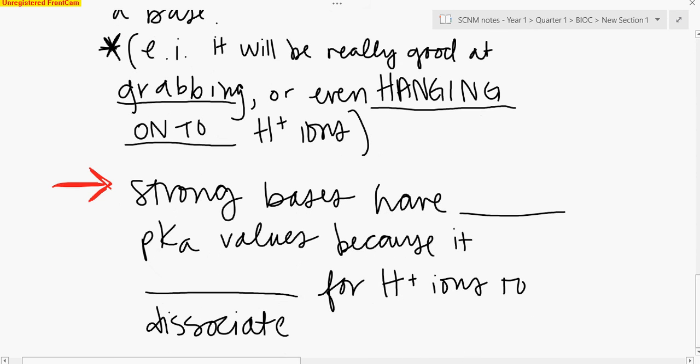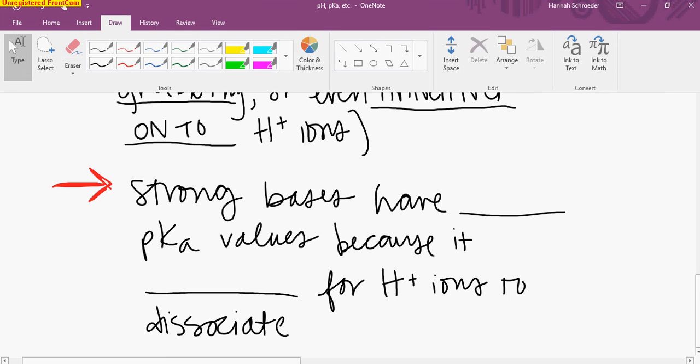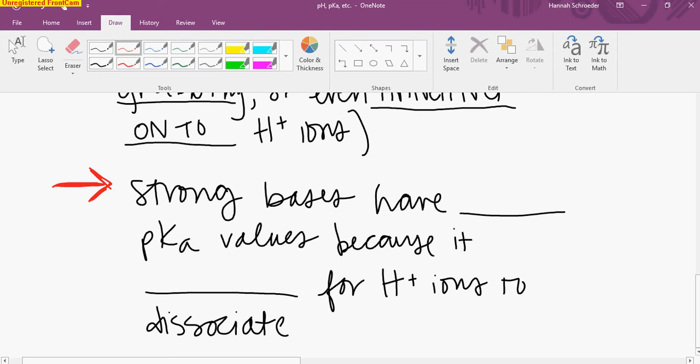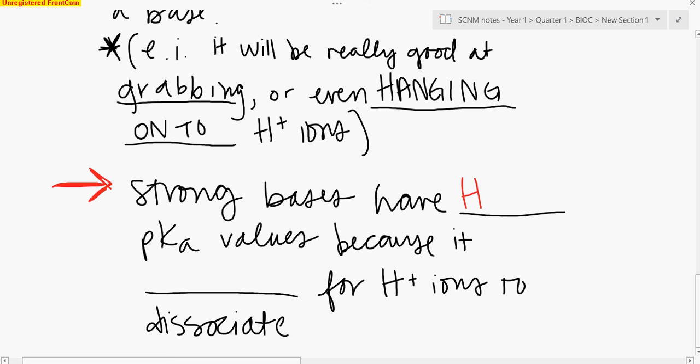So the key take-home point for bases is that a strong base will have a high pKa value because it's really going to take a lot more for those hydrogen ions to dissociate. It takes a lot.